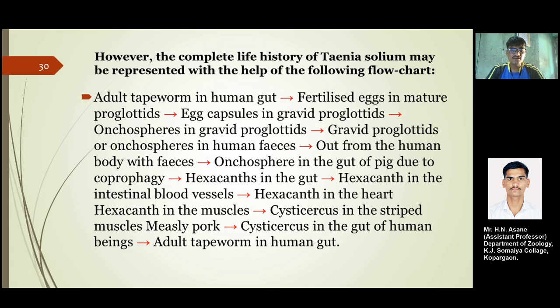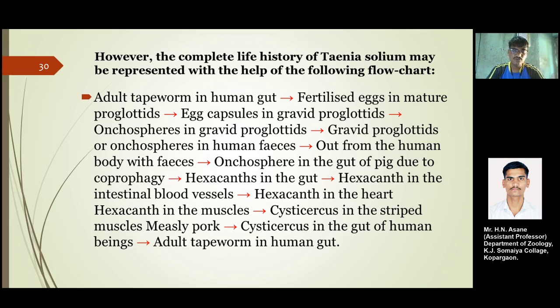Eighth step will be the hexacanth in the intestinal blood vessels of the pig. The next step will be the hexacanth in the heart, hexacanth in the muscles, and attachment of that particular hexacanth, and cysticercus in the striped muscles, the measly pork. The next step will be the cysticercus in the gut of a human being.